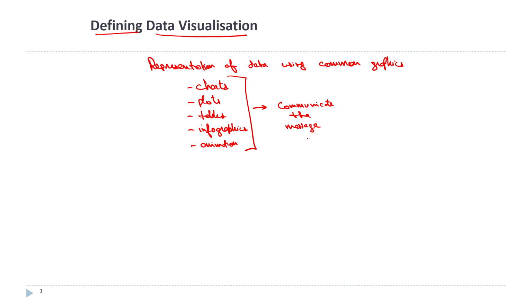This message could be the relationships between data, the data driven insights, so that one is able to understand or relate with the trends, outliers, patterns. This helps us to take data driven decisions.